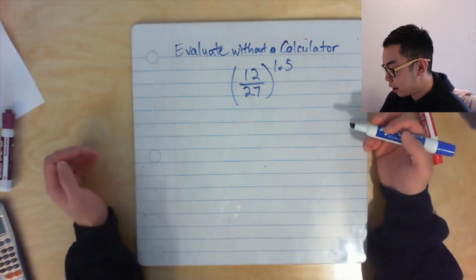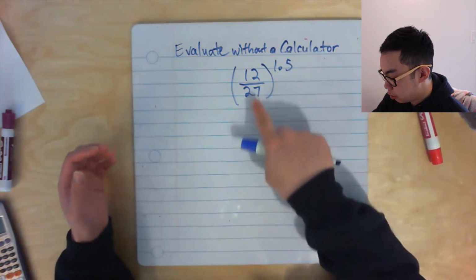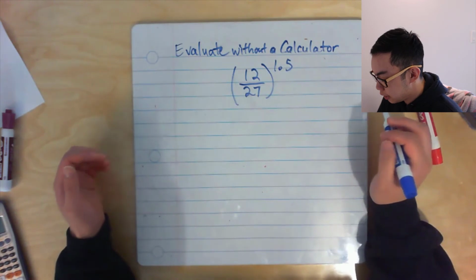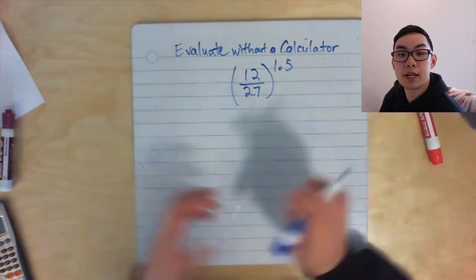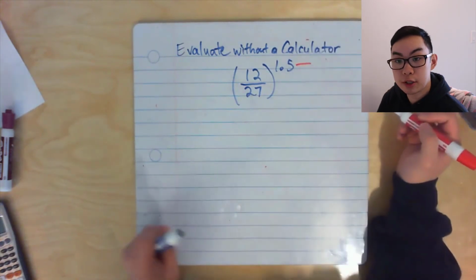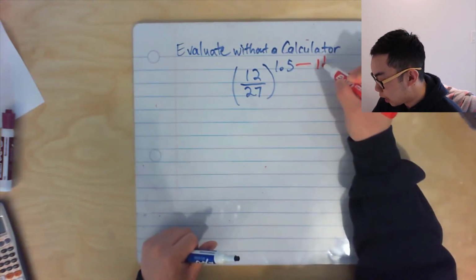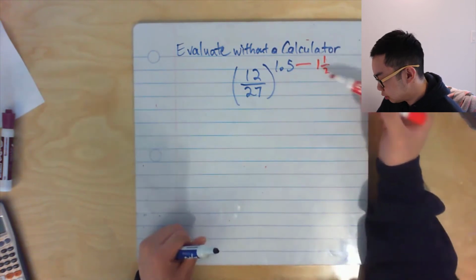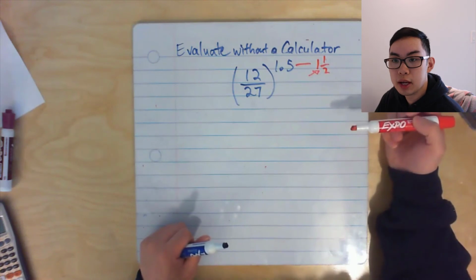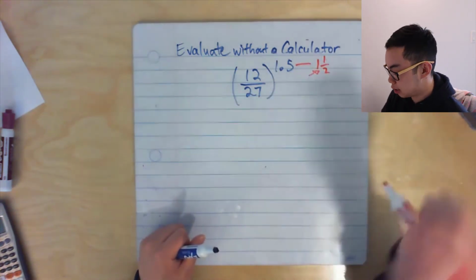Okay, in this final problem, I'm looking at 12 over 27, all to the power of 1.5. And so I'm going to be using the same strategy I did in the previous example, where I turned this number into its fraction form. 1.5 is written as 1 and a half. But now there's an extra number, this 1, and I was used to having a number on the top, the numerator, over the denominator.